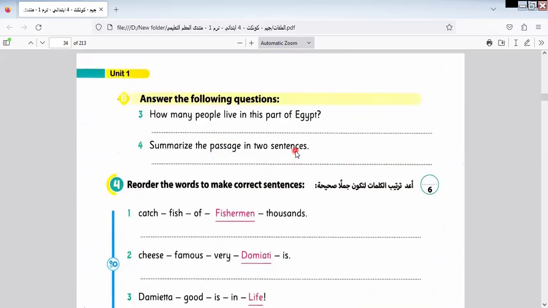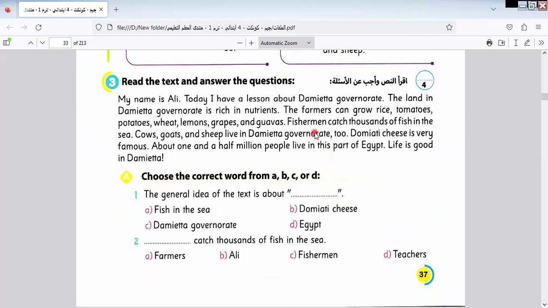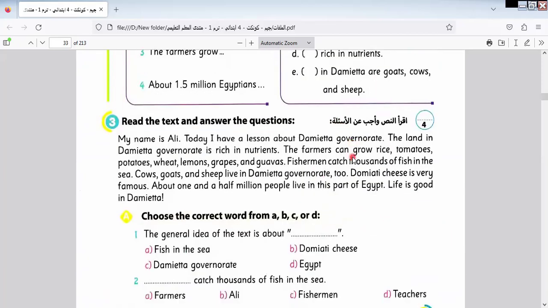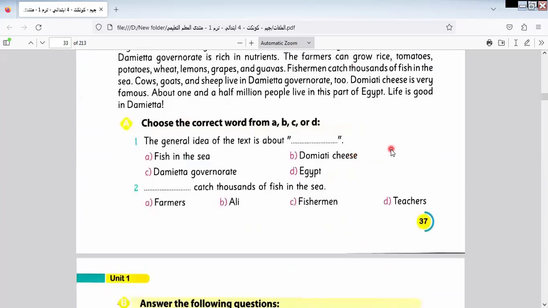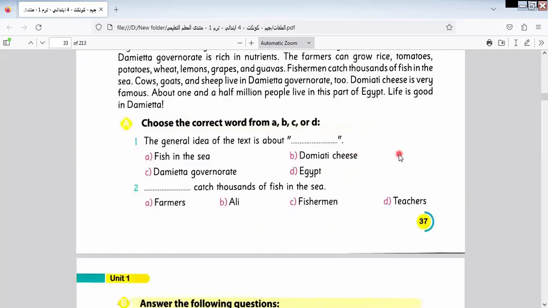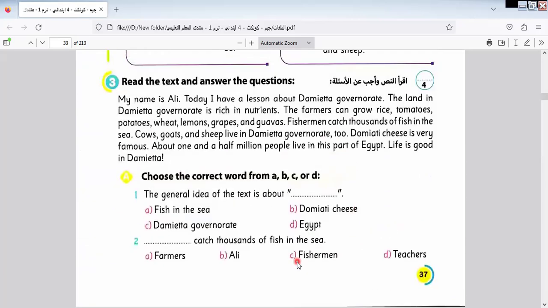Summarize the passage in 2 sentences. I can say Domyat Governorate is a beautiful governorate. I summarize in 2 sentences, and you can summarize as you know.